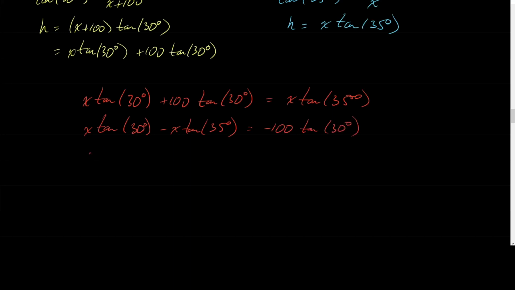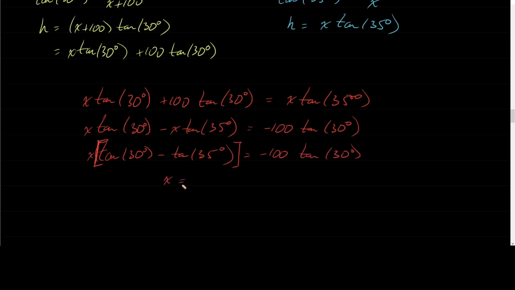Factoring out the x, I'm left with x times tangent of 30 degrees minus tangent of 35 degrees is equal to negative 100 tangent of 30 degrees.